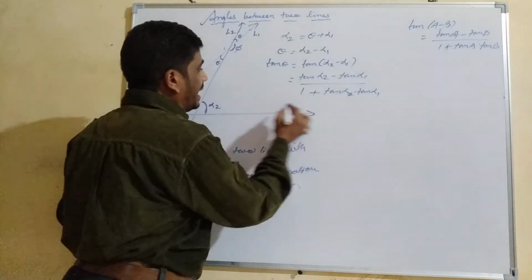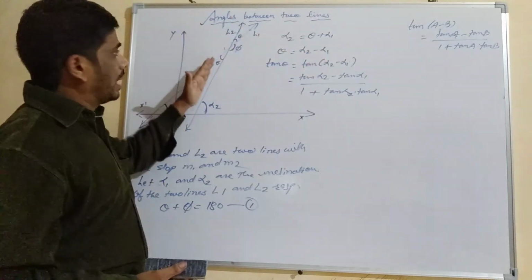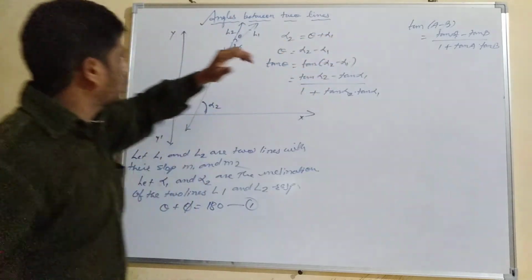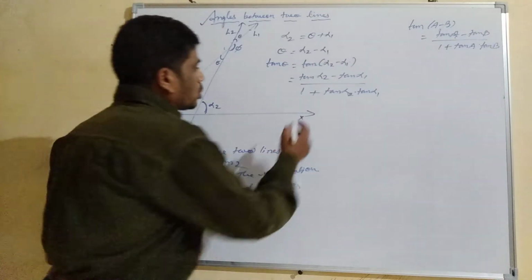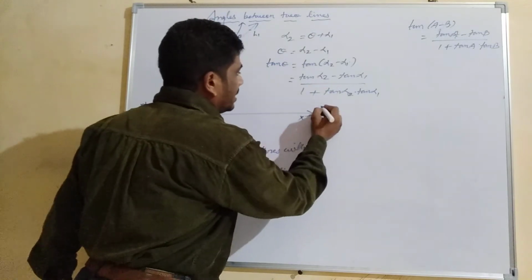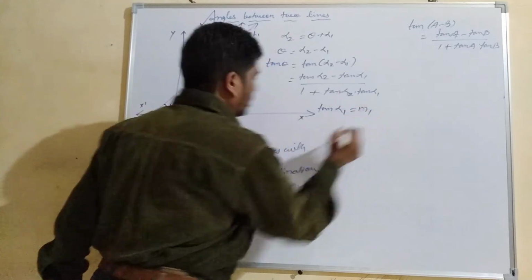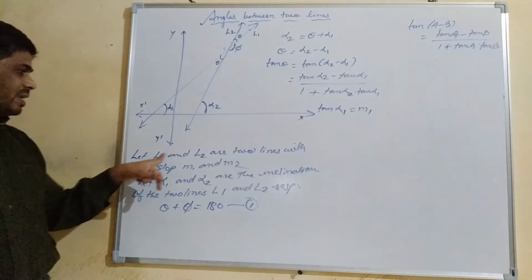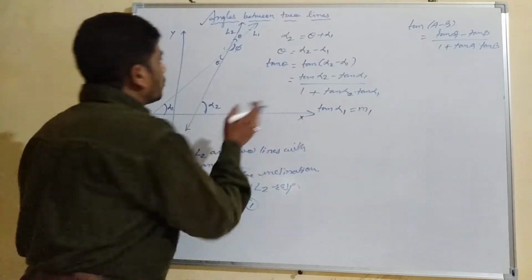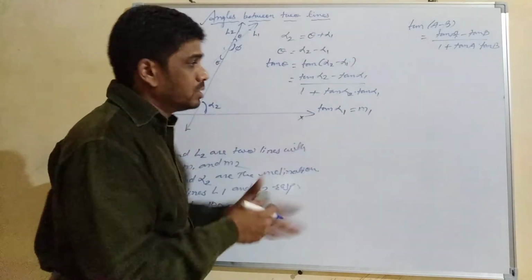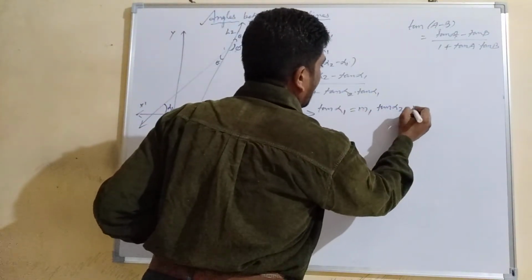We know that tan alpha 2 means the slope of line L2, and tan alpha 1 means the slope of the first line L1. Already we mentioned that L1 and L2 are two lines with slopes M1 and M2, so tan alpha 1 will be M1 and tan alpha 2 will be M2.